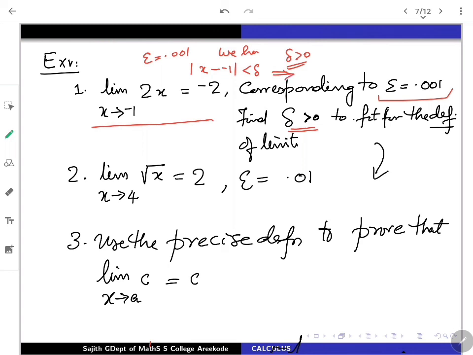This should guarantee that the functional values, that is f of x minus minus 2, are less than that pre-assigned epsilon, which here is 0.001. You can work with any epsilon and substitute. So try to find a delta which actually gives this condition by substitution.